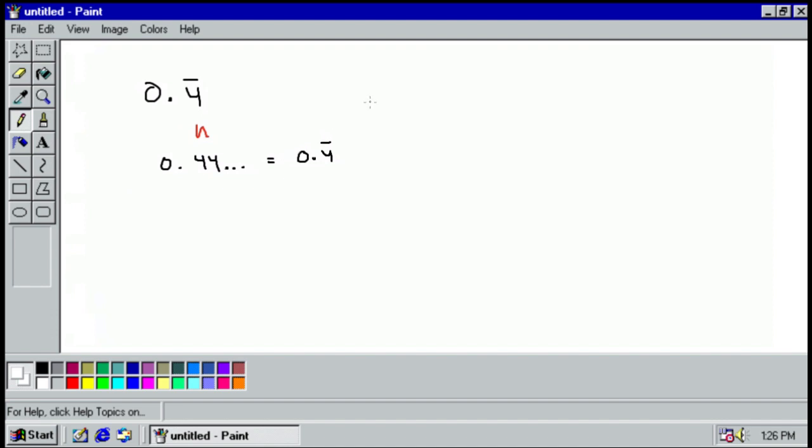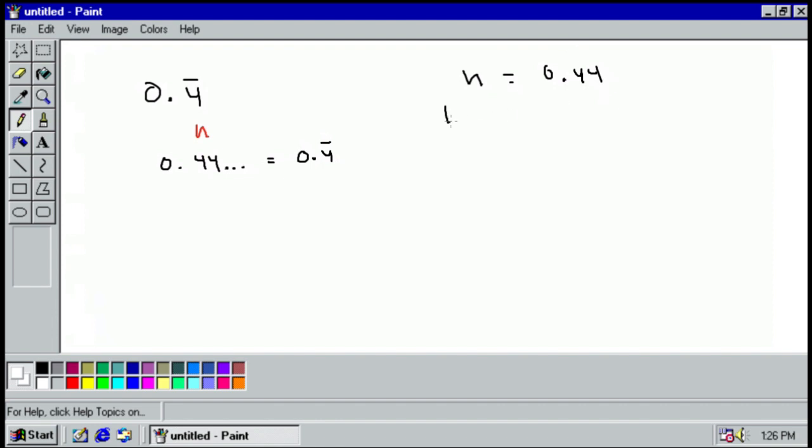How many n's do we need to make this one more than 1 or more than 0.99?